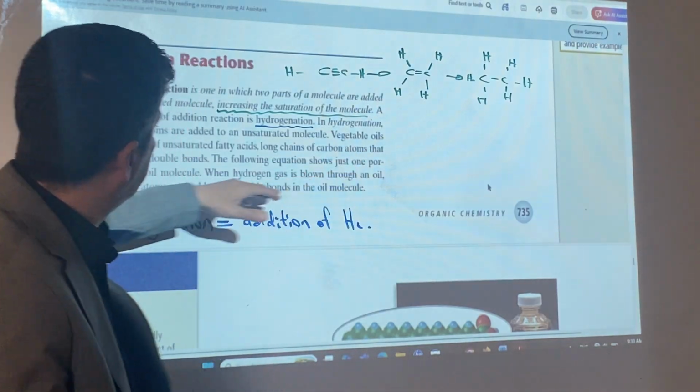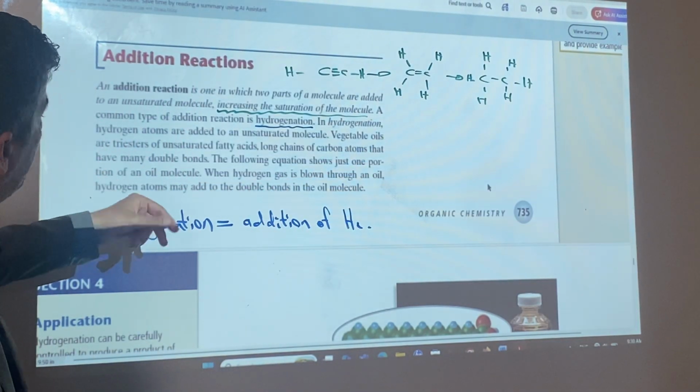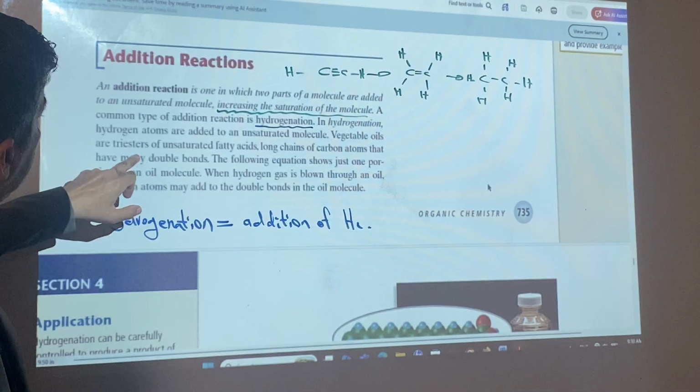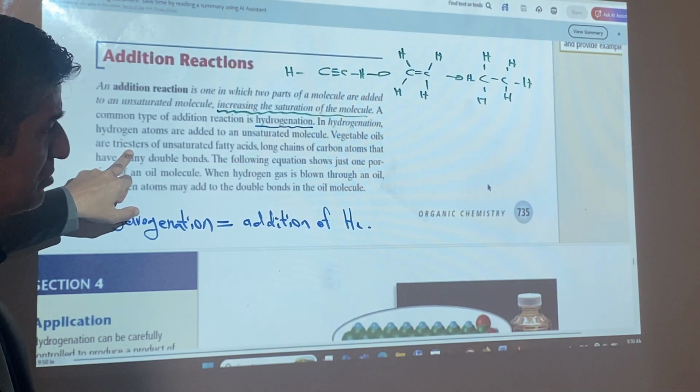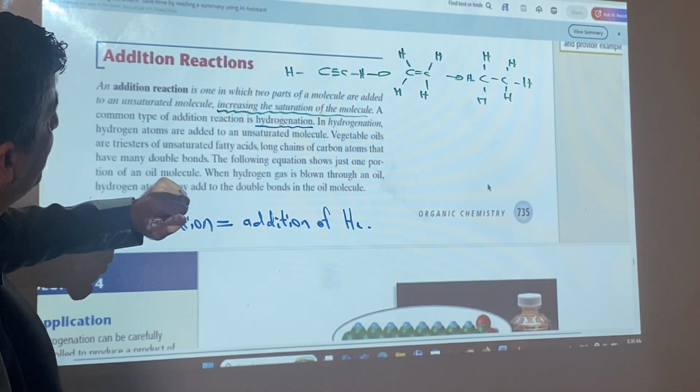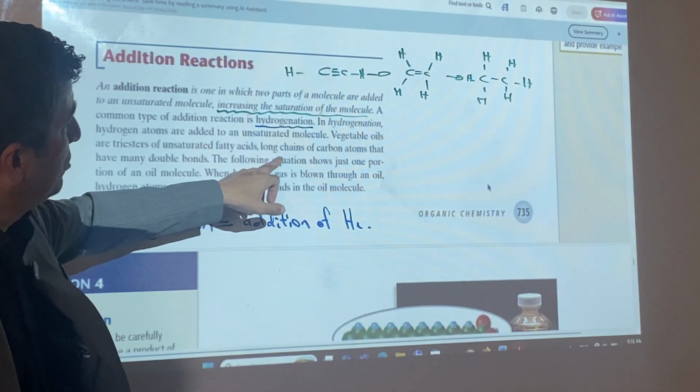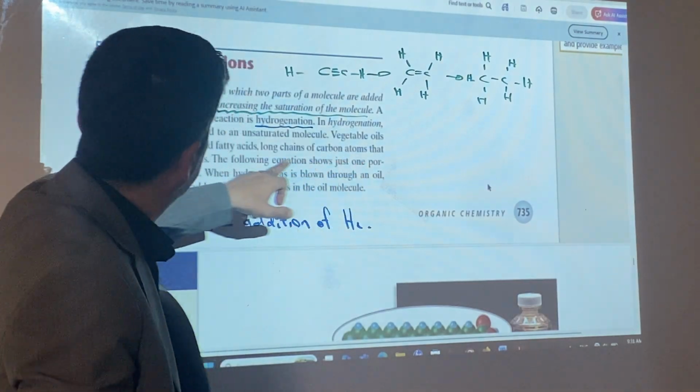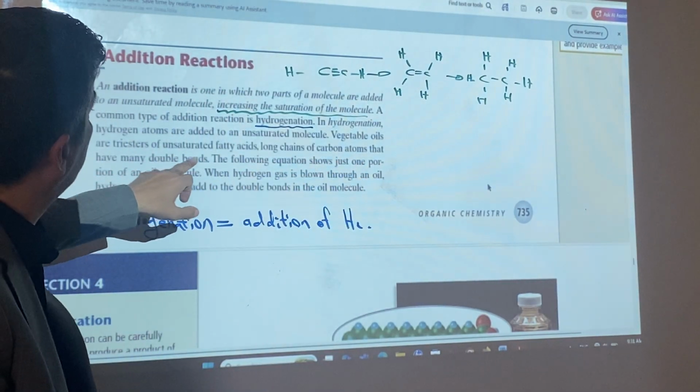Vegetable oils, يعني زيت نباتي, are triesters of unsaturated fatty acids, long chains of carbon atoms that have many double bonds.